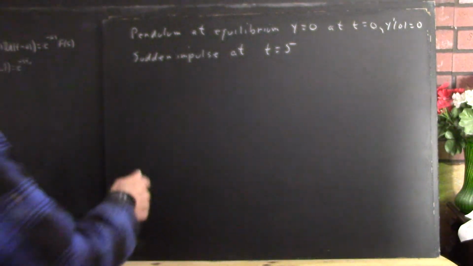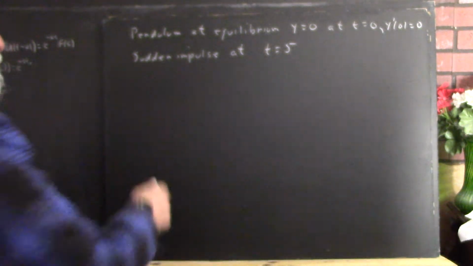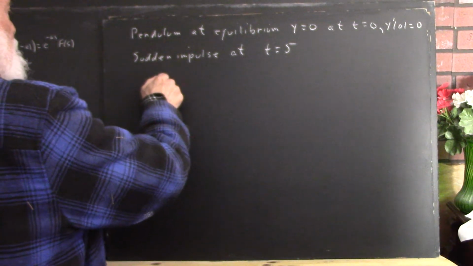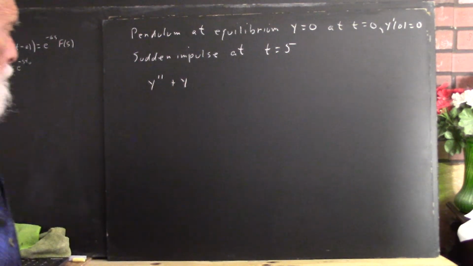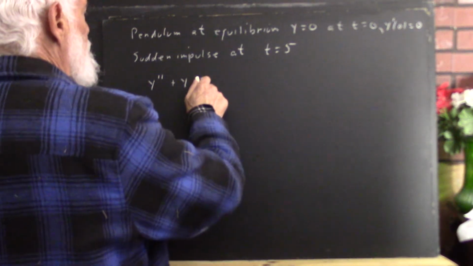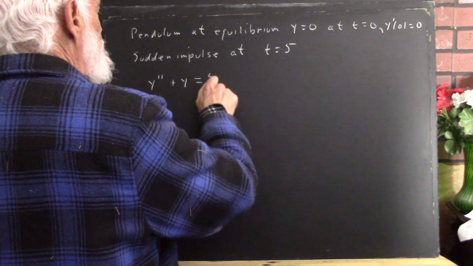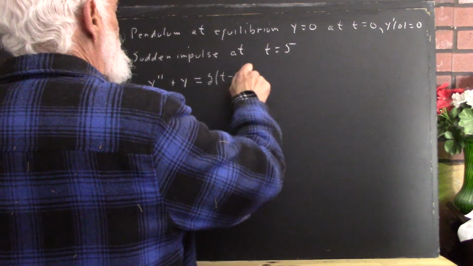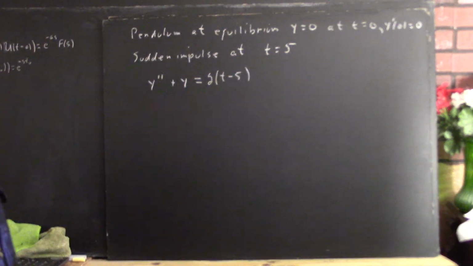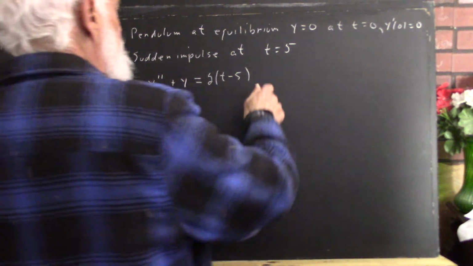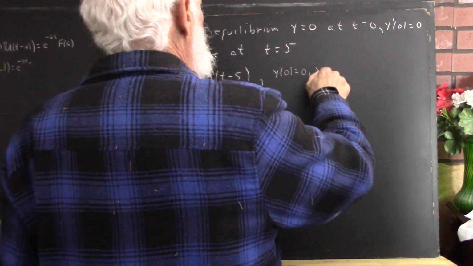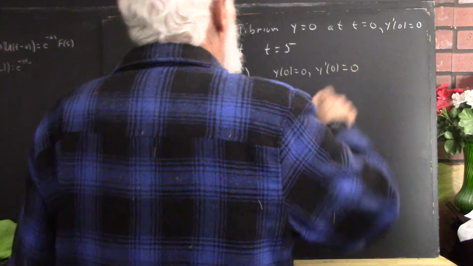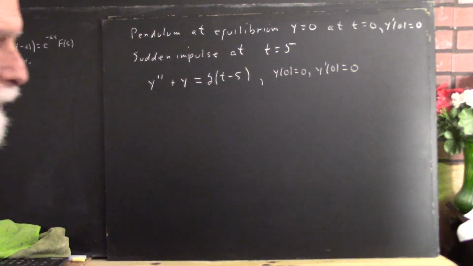Then what we can say is, without going through the derivation and worrying about the units and so forth, we get the essence of it by y double prime plus y, which is your net force function, equals delta of t minus 5. Y of 0 equals 0, y prime of 0 equals 0.